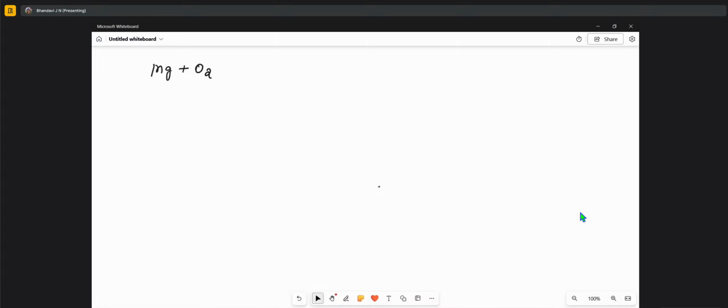So magnesium plus oxygen, you will get magnesium oxide. And magnesium oxide is a white powder. So it is white in color and it is a solid. These things are very important: white powder, all these are required. During the exam, they ask all these questions.